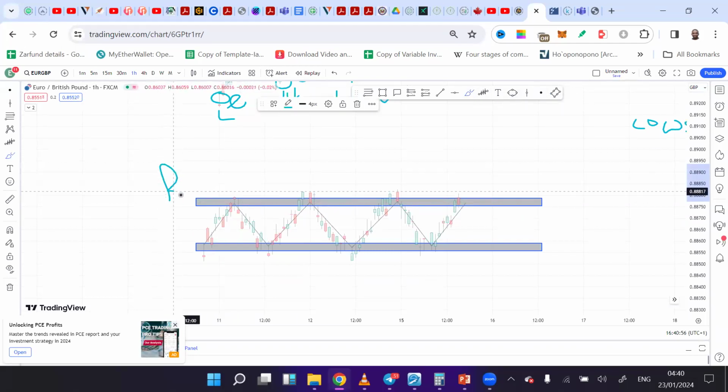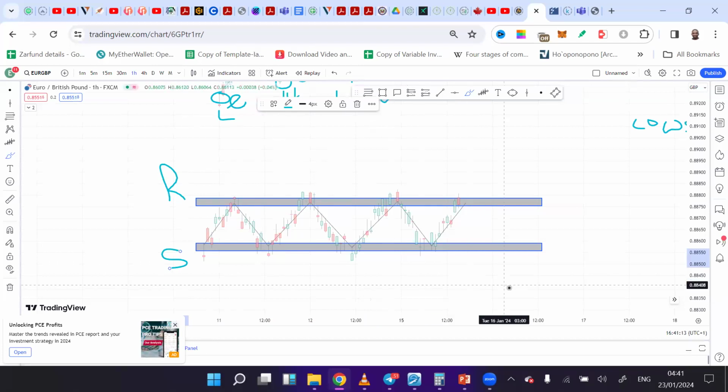We call the upper range a resistance. We call the lower range a support, right? The top bar here, we call it resistance. The below bar here, we call it a support, right?